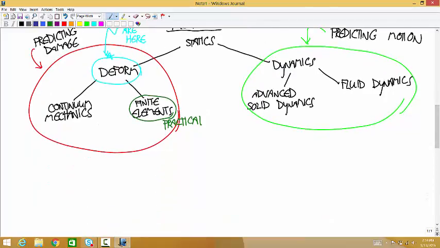So this is sort of what I want to, let's see. All practical applications use finite element analysis, FEA.